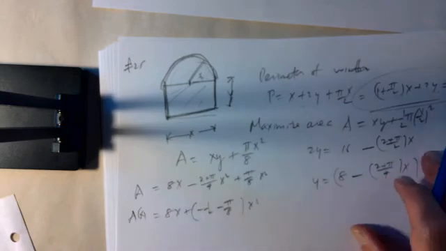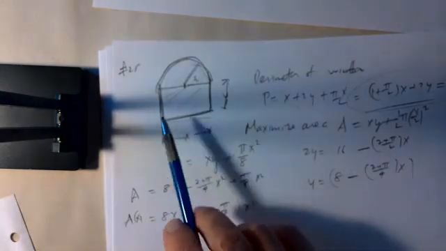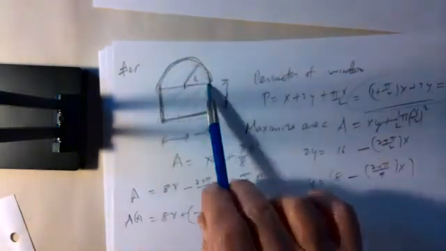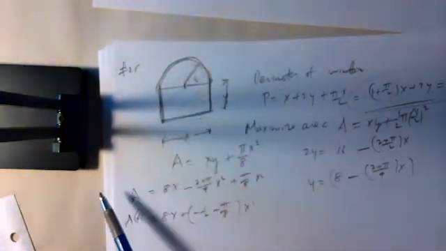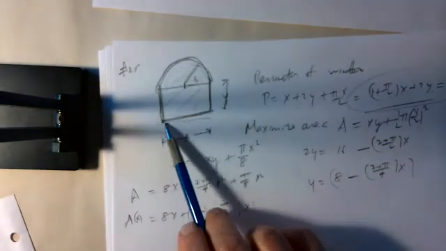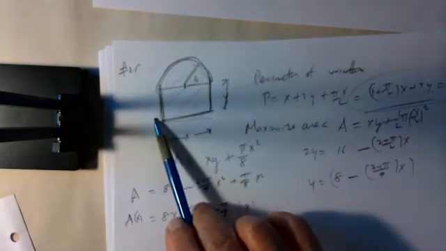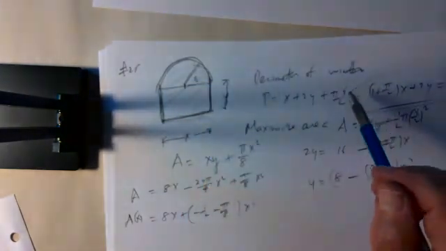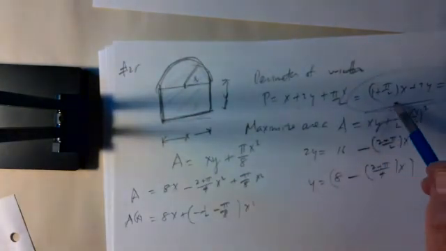So again, let me just review how we did this. A Norman window consists of a semicircle on top of a rectangle. This is all the window, it's all glass. And the perimeter is x, 2y, pi times the radius, pi x over 2, which is (1 plus pi over 2)x plus 2y.